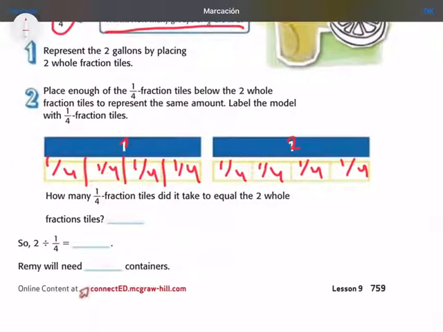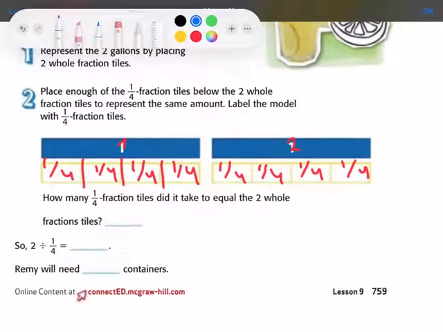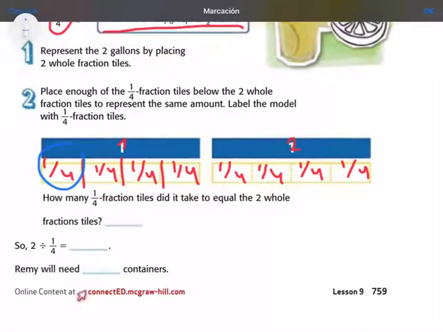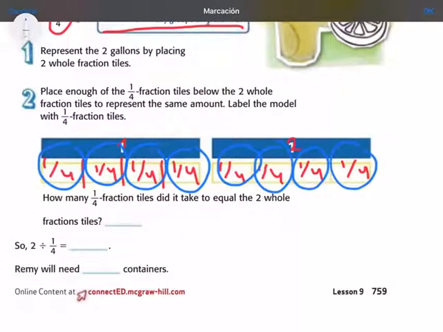So now it asks us, how many quarter fraction tiles did it take to equal the 2 wholes? So how many do I have of a quarter? I have 1, 2, 3, 4, 5, 6, 7, and 8. So I have 8. So 2 whole numbers divided by a quarter is equal to 8.